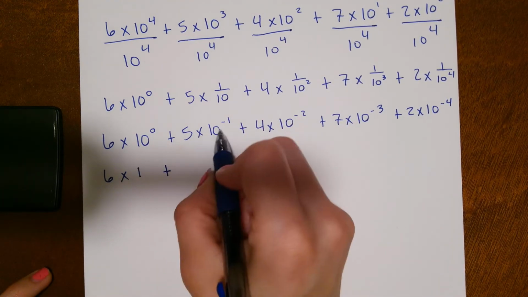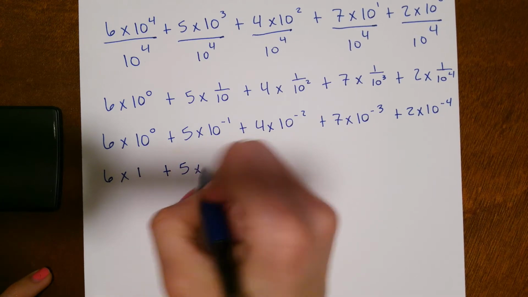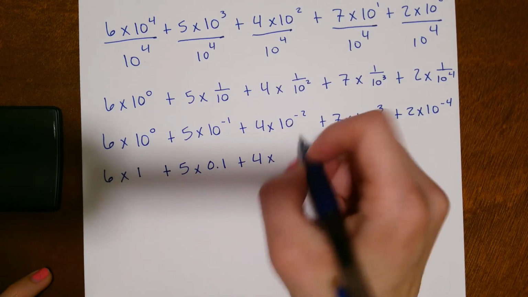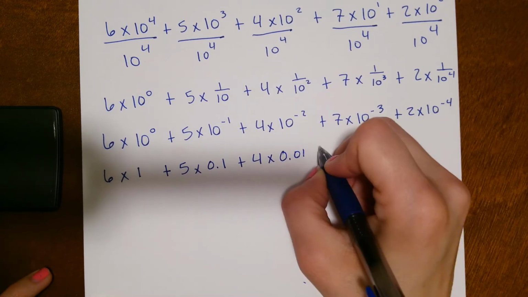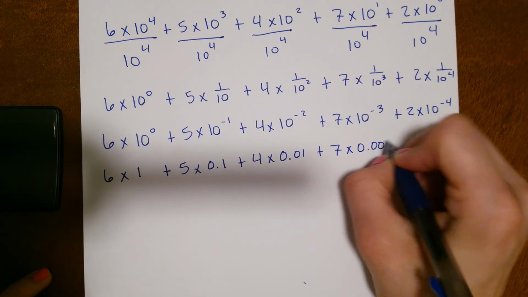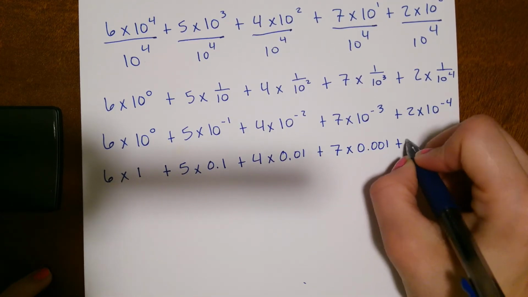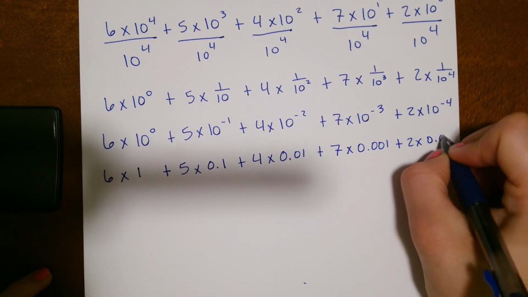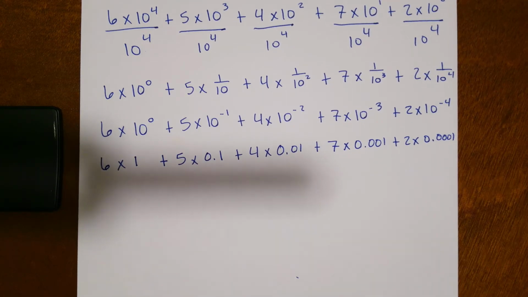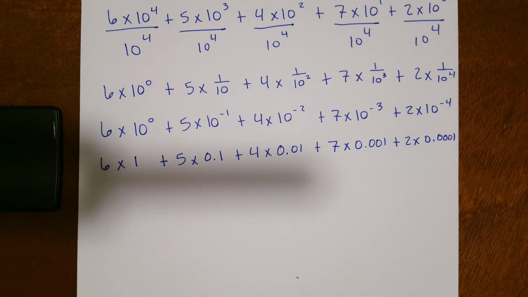Plus, this indicates 1 decimal place, so 5 times 0.1, plus 4 times, this is 2 decimal places, so 0.01, plus 7 times 3 decimal places, so 0.001, and 4 decimal places, so 2 times 0.0001.